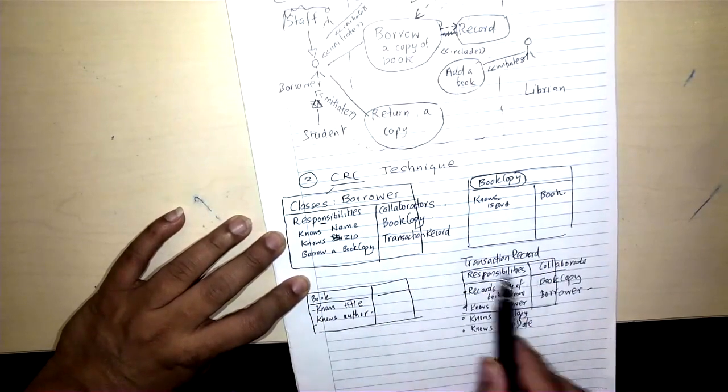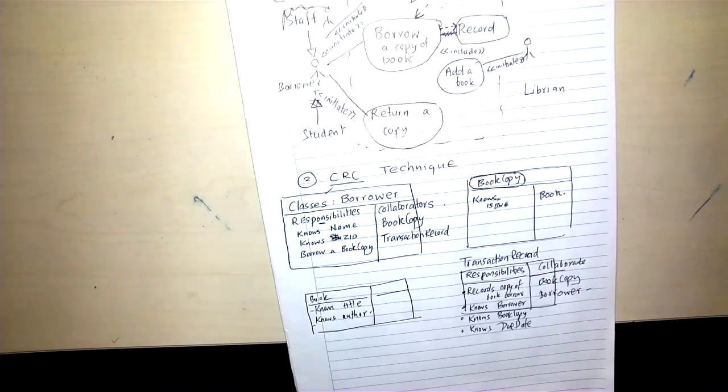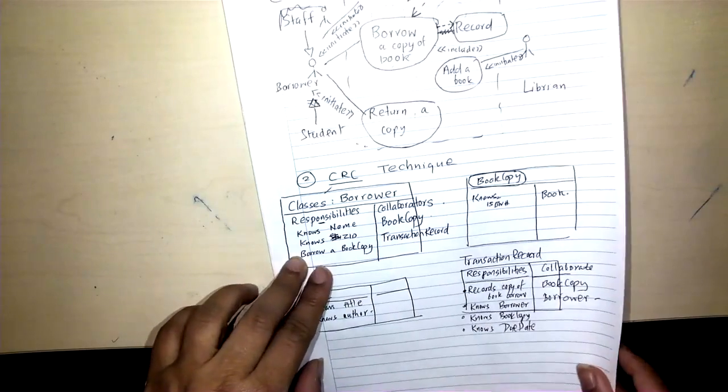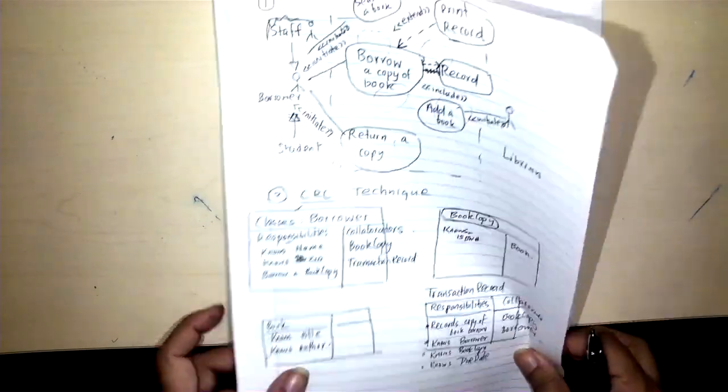Now this is something that can change, but you've got your preliminary CRC modeling where you have established your conceptual classes and you know their responsibilities and their collaborators. Okay? So now what you can do is take this away and flip over.